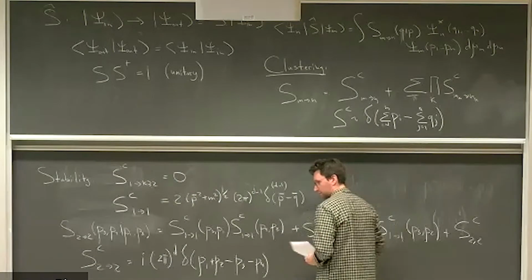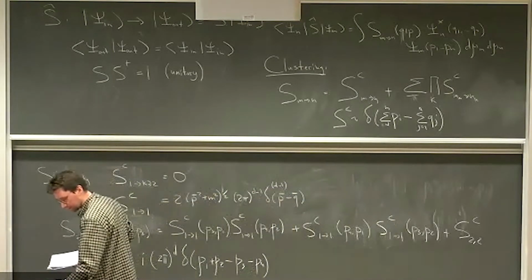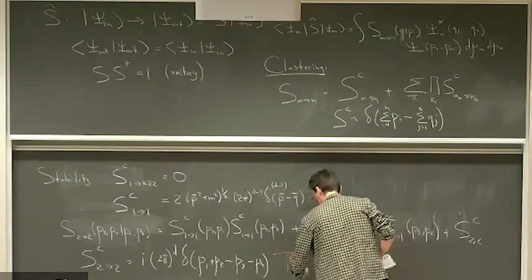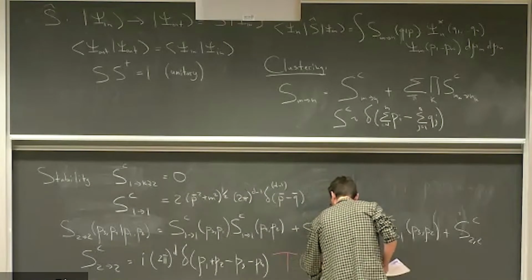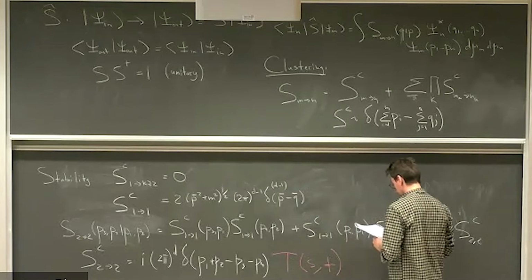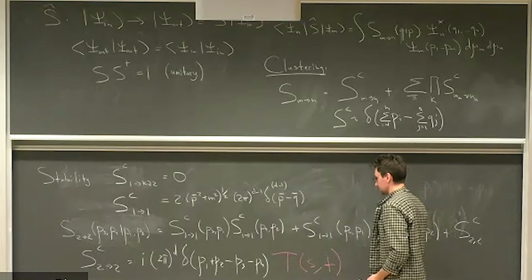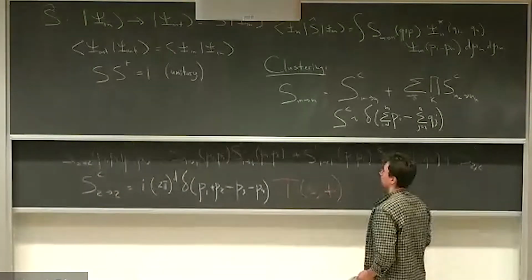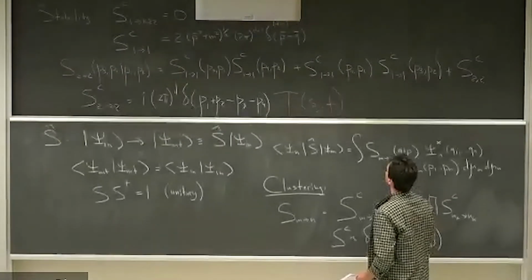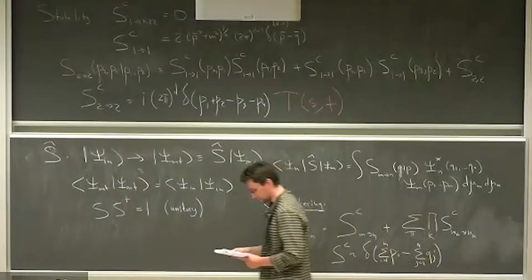And the central object of our study, in red, is this T function of Mandelstam S and T, which are energy and angle. So let me now write what these things are.